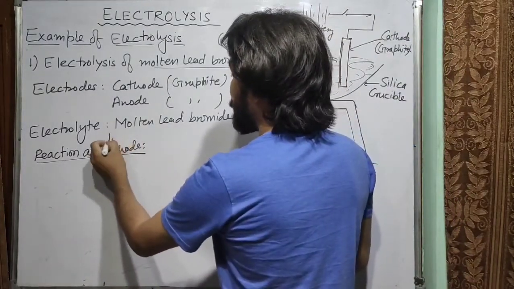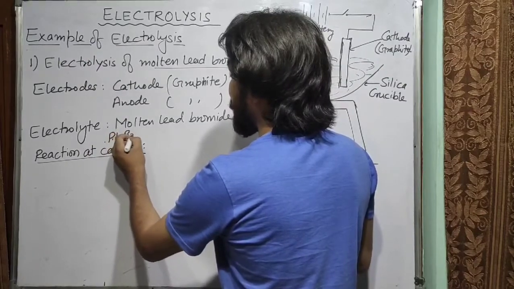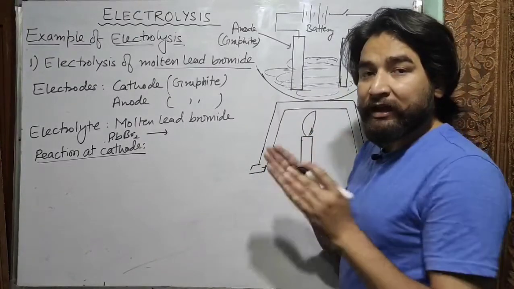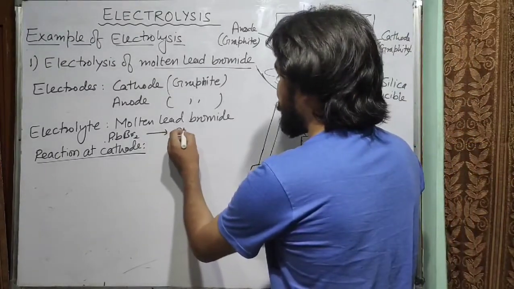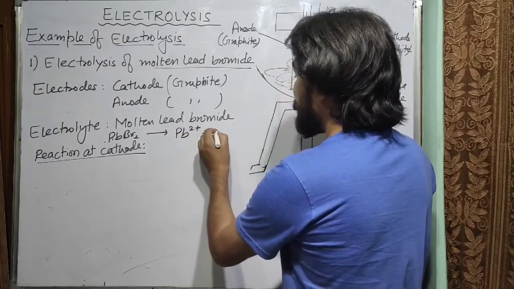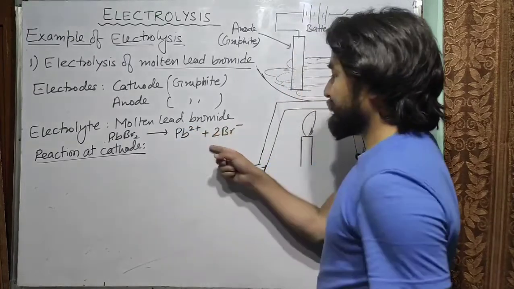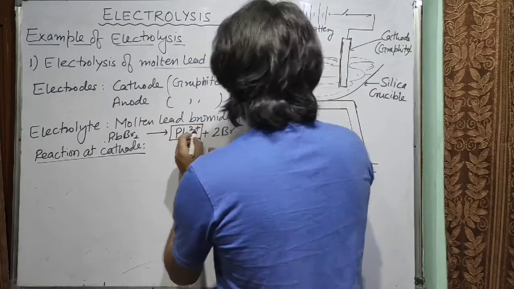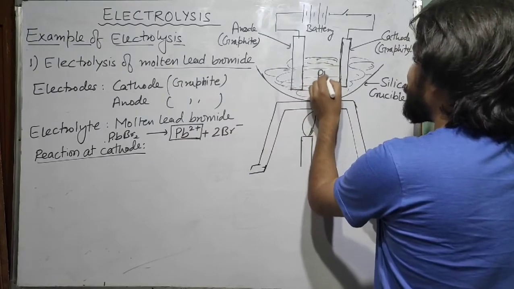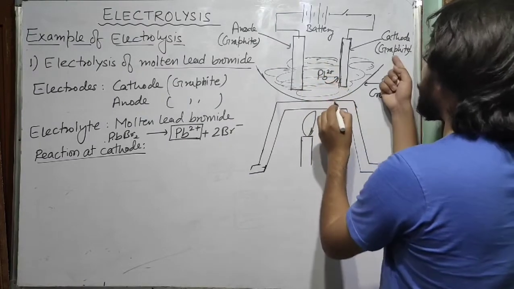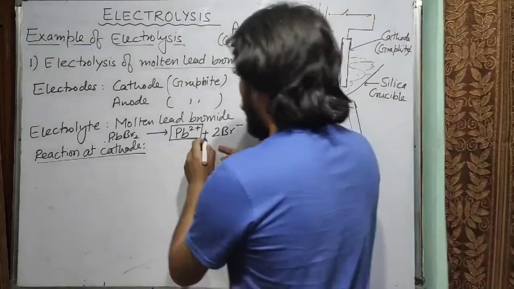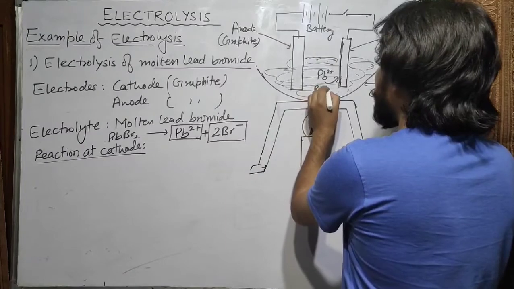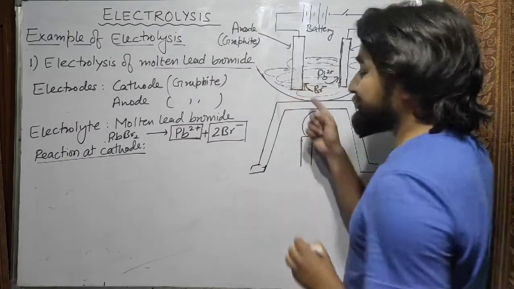So the formula of lead bromide is PbBr2, and you know when it is heated, the lead and bromide ions will get separated, so it will form Pb2+ and 2Br- ions. Now you know that positive ions migrate towards cathode, so Pb2+ ions will migrate towards cathode, and negative ions, that is bromide ions, Br- ions, will migrate towards anode.